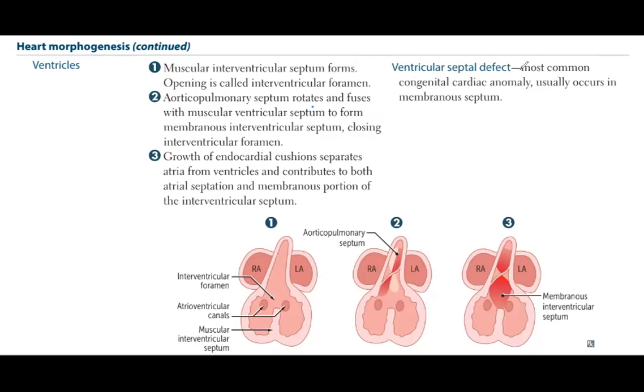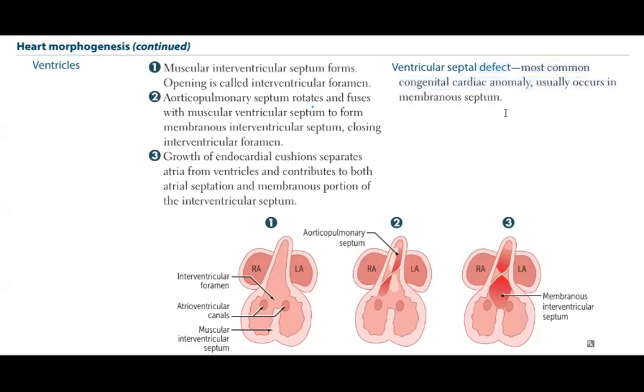Please remember this also. This is a very important MCQ. The most common congenital cardiac anomaly usually occurs in the membranous septum.